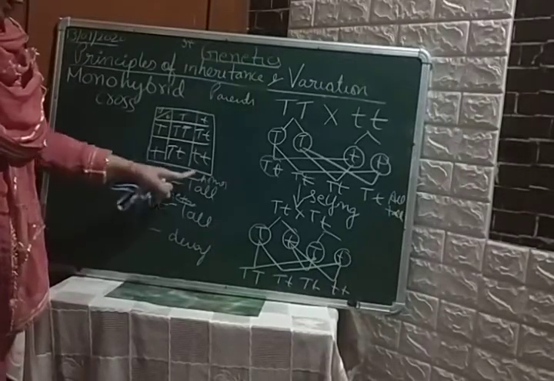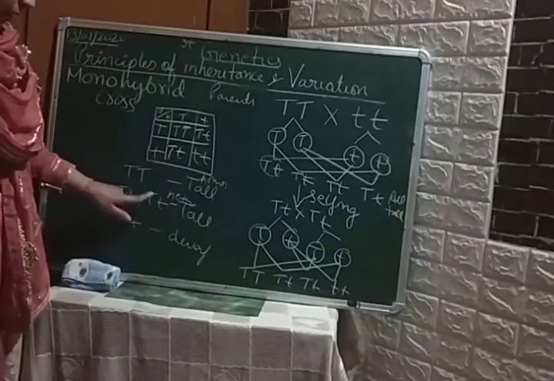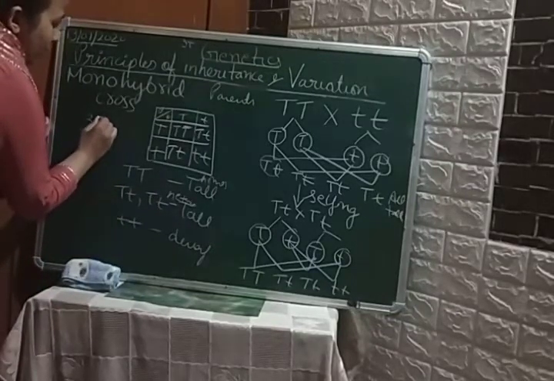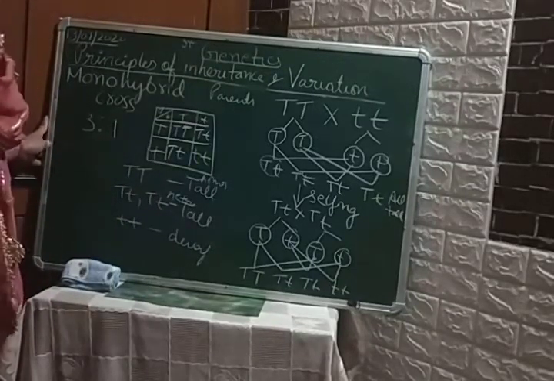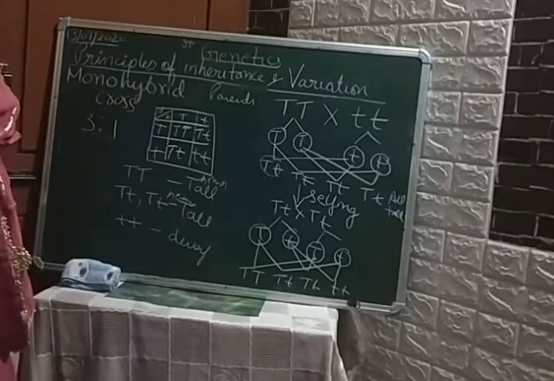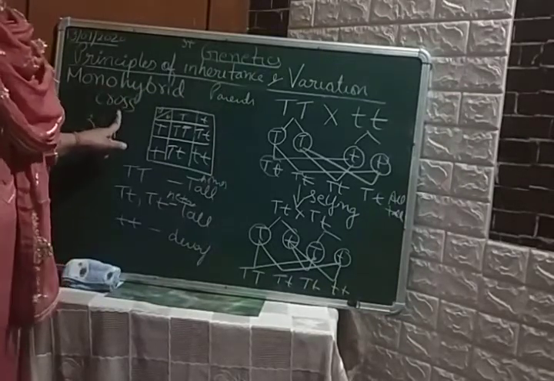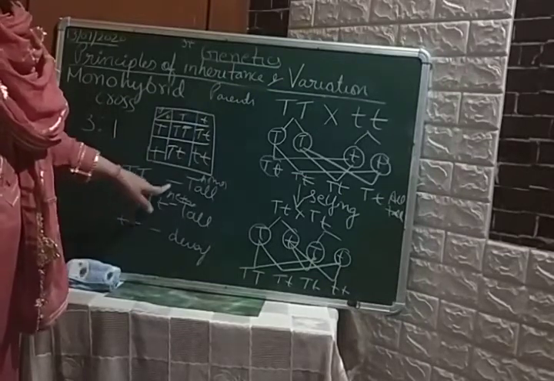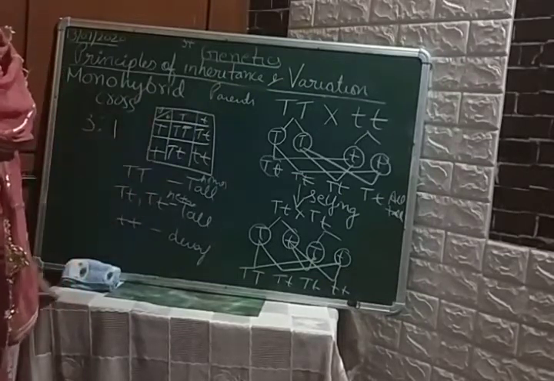Phenotypic, how does it look? In appearance, 3 are tall. Okay, so the phenotypic ratio of your monohybrid cross is 3:1. Clear? And what is the genotypic ratio of your monohybrid cross?